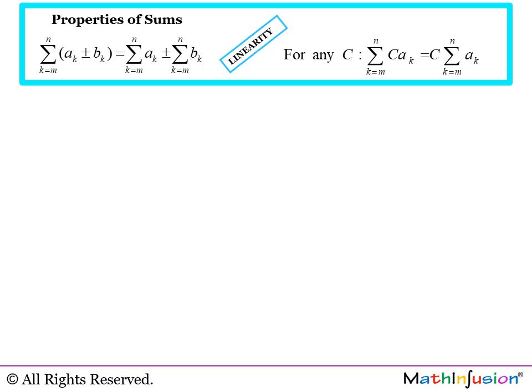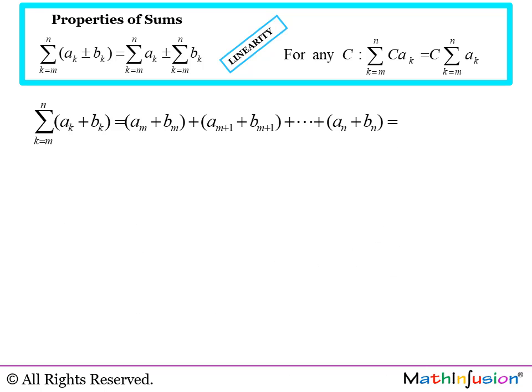It's very easy to prove the properties of sums. Let's do, for example, this one. The summation of a sub k plus b sub k can also be written as the sum, as you can see it. Now I'm using a very simple property that allows me to shuffle the order of the addition.